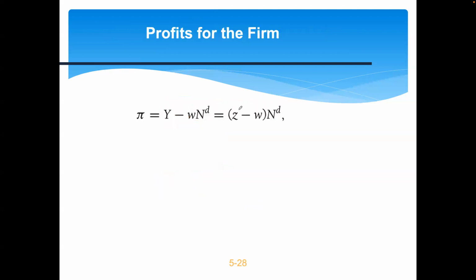This is the profit. Now let's look at the firm's problem. Firms try to maximize profit. Profit equals Y minus W times N. Remember, this is the cost of labor. And if you took intermediate micro, you should immediately realize that in equilibrium, profit equals 0.